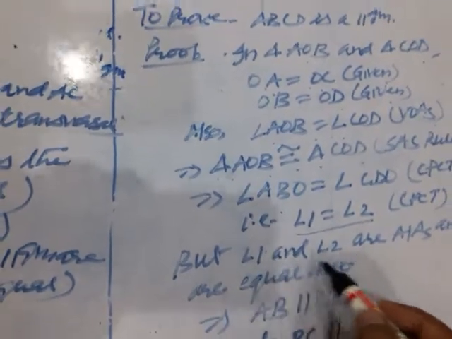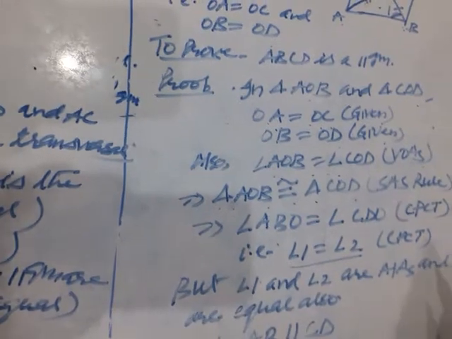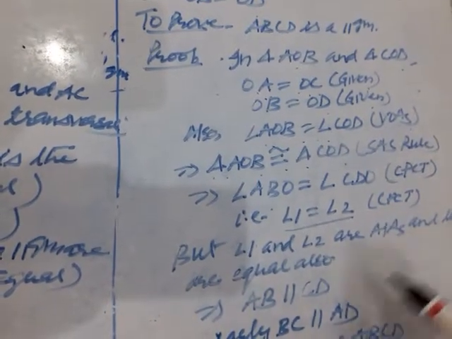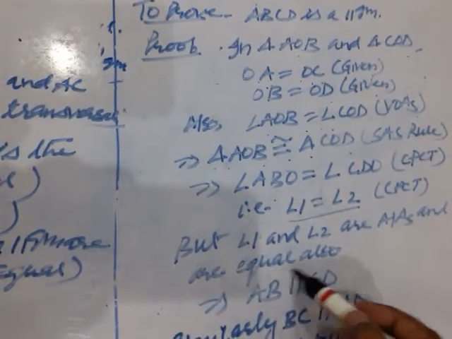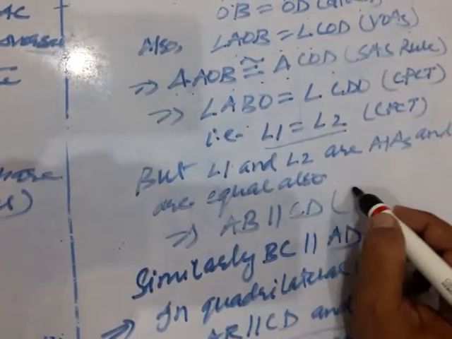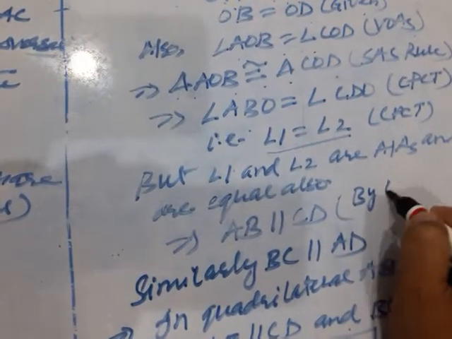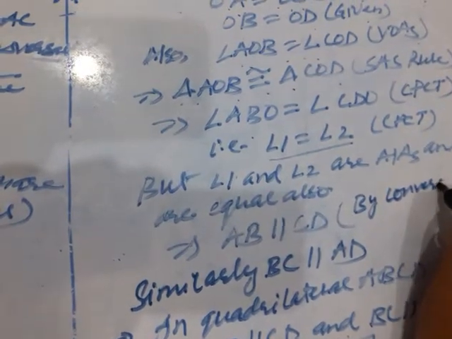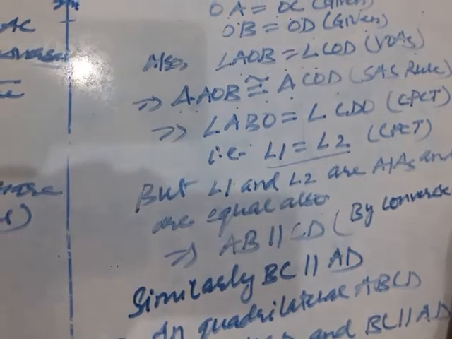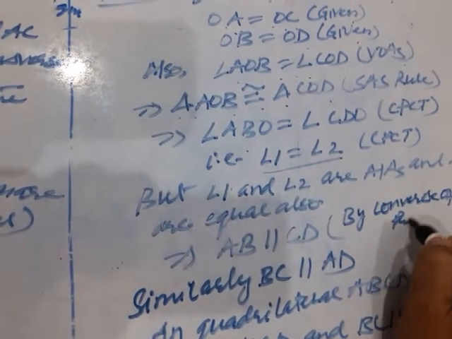But here angle 1 and angle 2 are alternate interior angles. Clear? They are alternate interior angles and they are equal also. This implies that AB is parallel to CD by converse of alternate interior angles property.